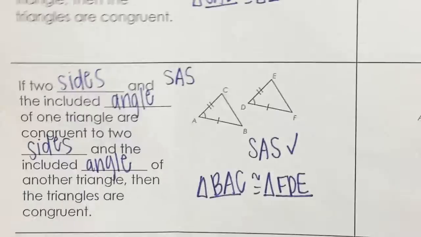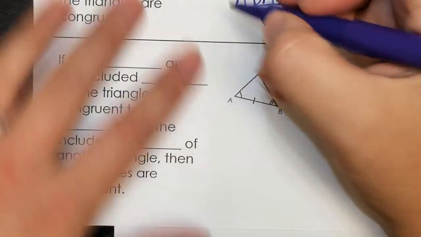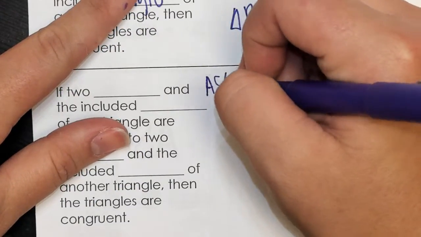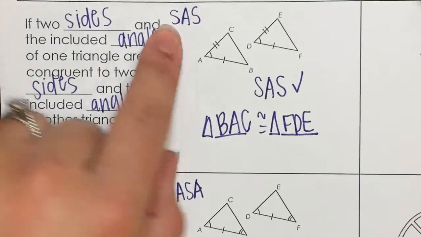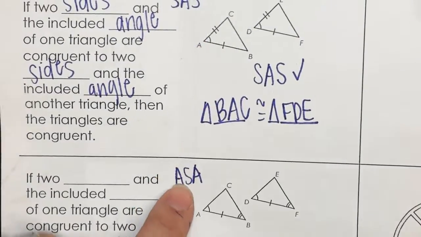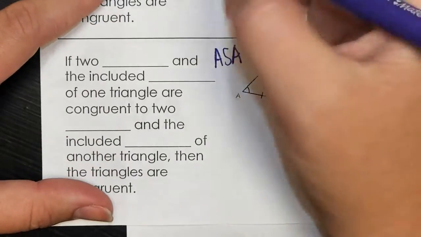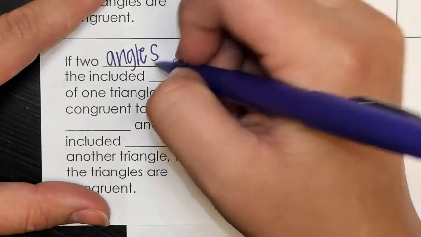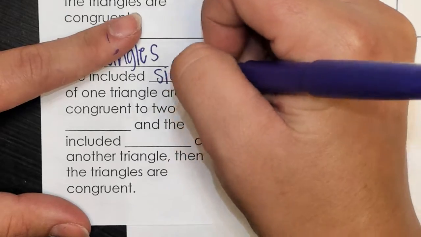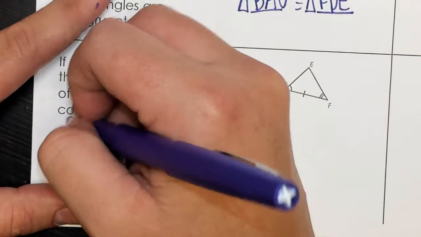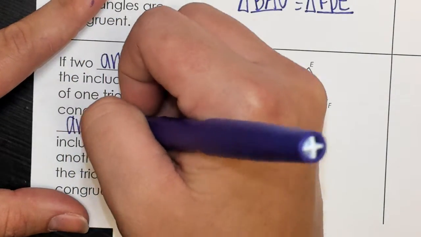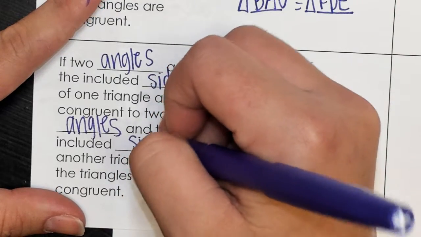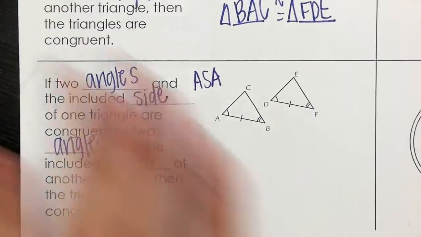Okay, the last one we're going to learn today is the opposite of SAS, ASA. So no longer is the angle in the middle, but now the side is in the middle. So if two angles and their included side are congruent to two angles and the included side, then they are congruent.